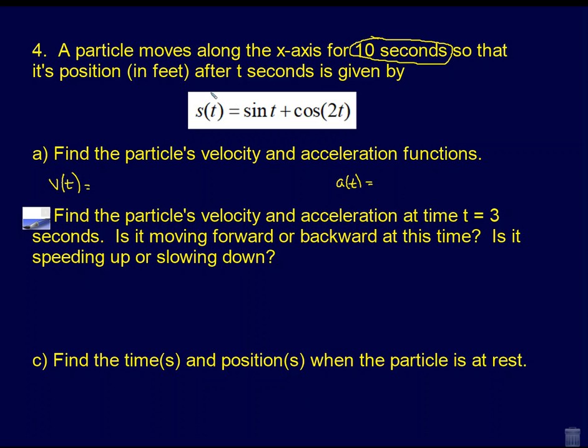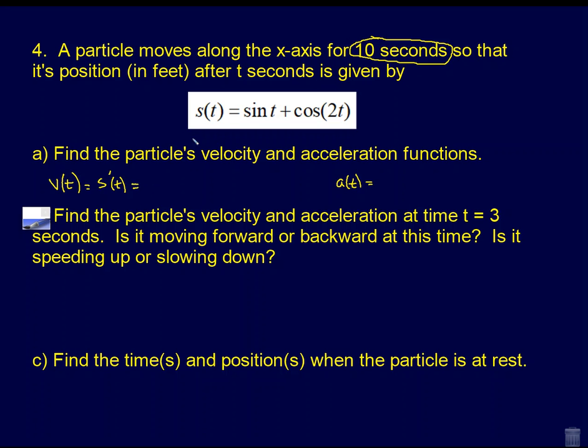The function that says where the particle is is measured in feet, and so the slope of that function is going to be measured in feet per second in this case. And so then we're talking about the derivative. As soon as we mention slope, we're talking about derivative. So the function that measures how fast is going to be the derivative of the position function.